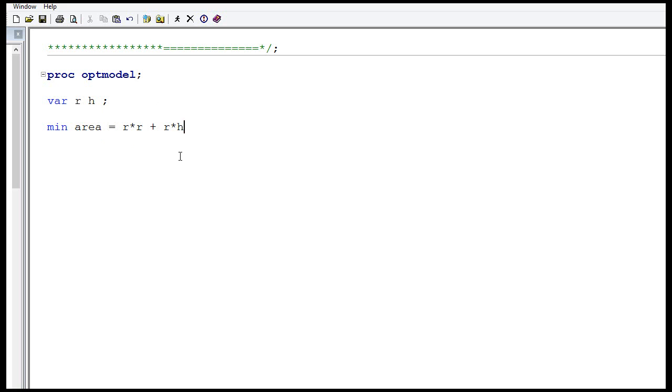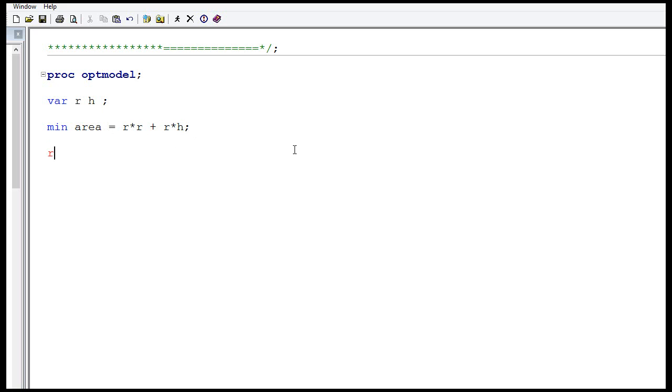Well, in optimization you don't need to write the constant ones, because that is not going to make any difference. You may use it or may not use it in the function. It doesn't make any difference to your answers. So I have knowingly omitted the numeric terms. I'm not writing 2 pi r square plus 2 pi r h. 2 pi is something that is omitted.